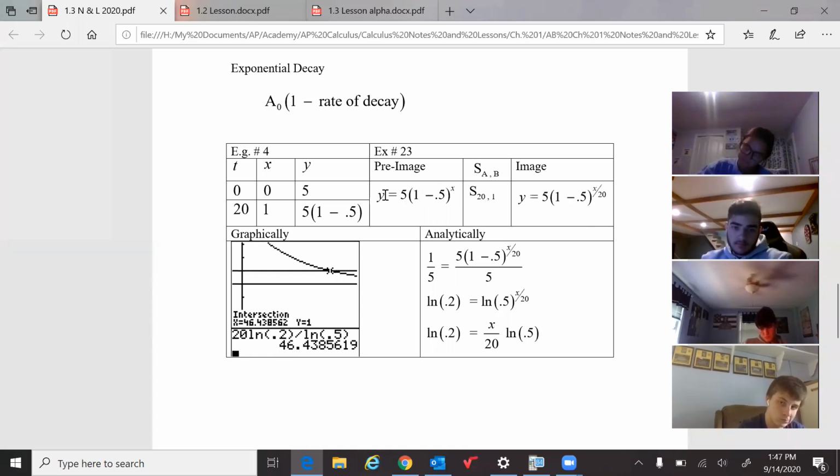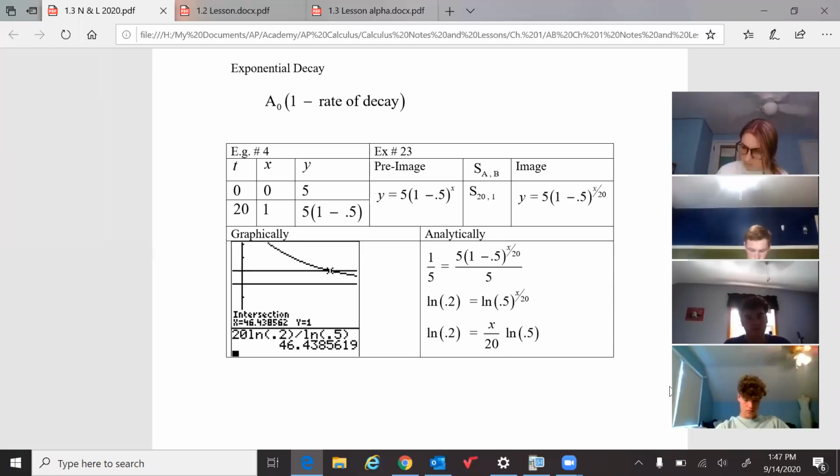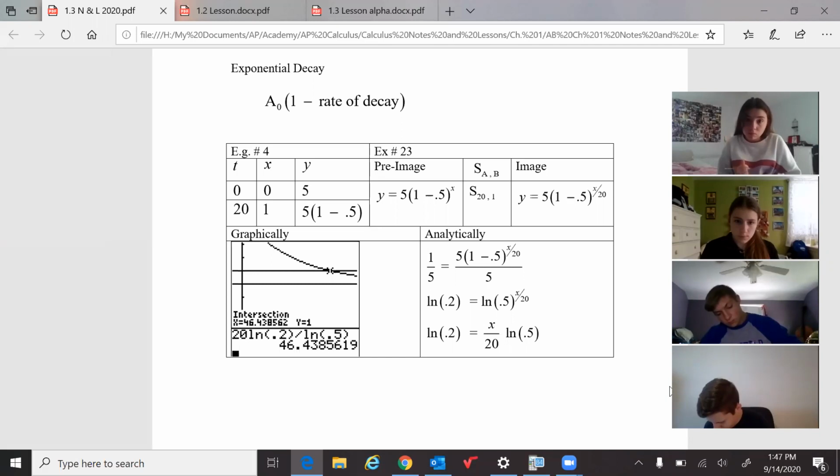Y is how many units you have: the initial value times 1/2 caret x. But we did a scale change of that. We expanded the x's by a factor of 20, and to do that, we do the opposite. So we go to x in the exponent and divide it by 20. We're being perfectly consistent with the first two sections, what we did last week, and we're doing the opposite to the variable.